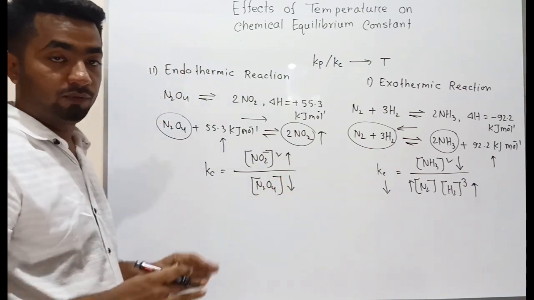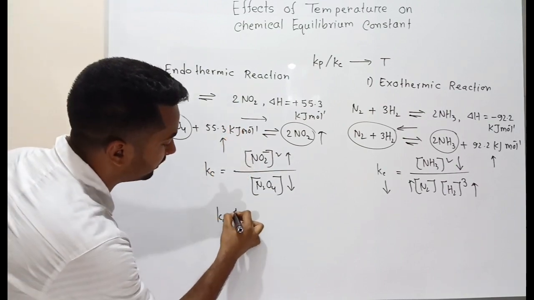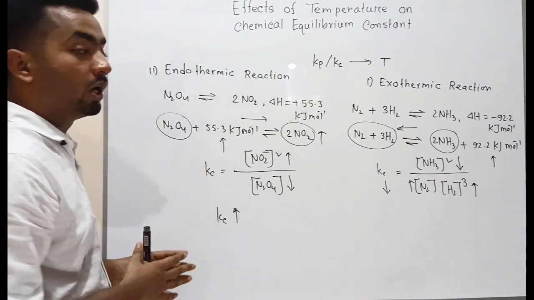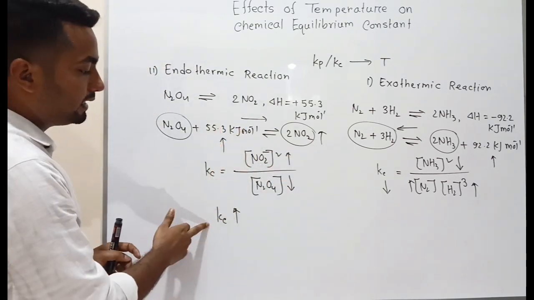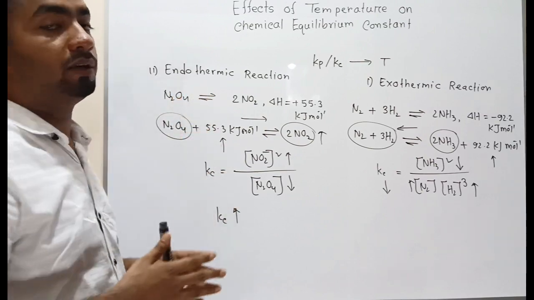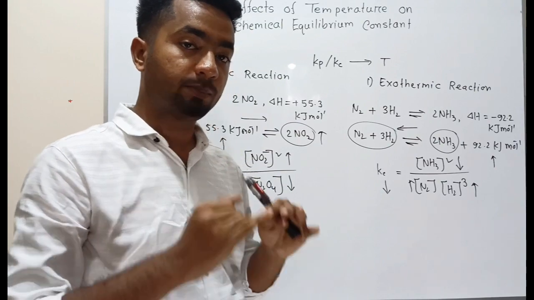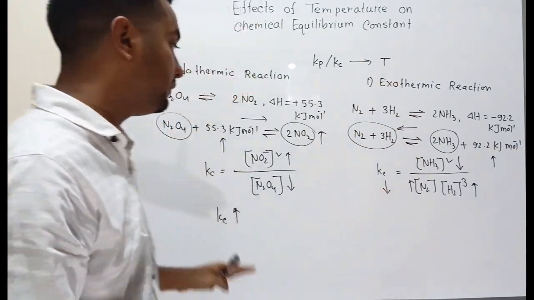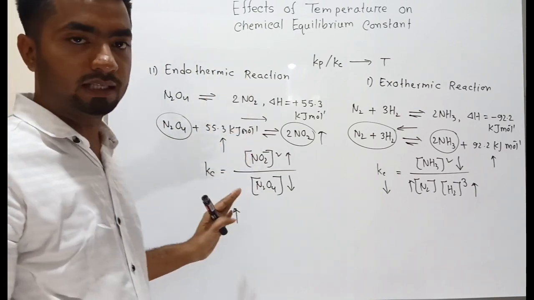As a result, the value of the fraction Kc increases. So, for the endothermic reaction, we have increased the temperature and Kc increases. We can say that if we increase temperature for exothermic reactions, Kc decreases, and if we increase temperature for endothermic reactions, Kc increases.